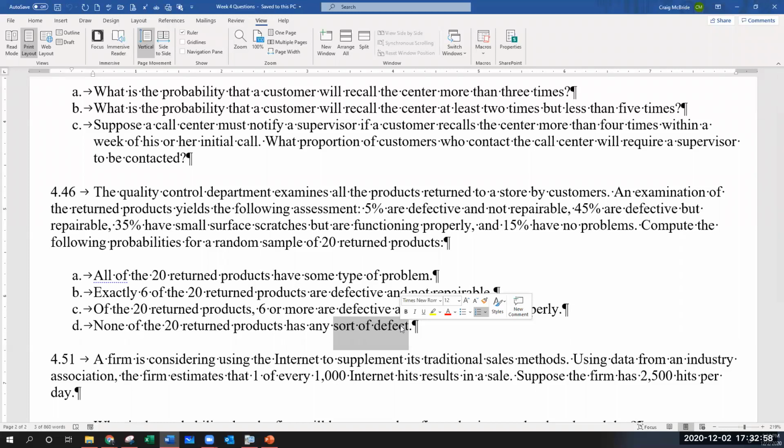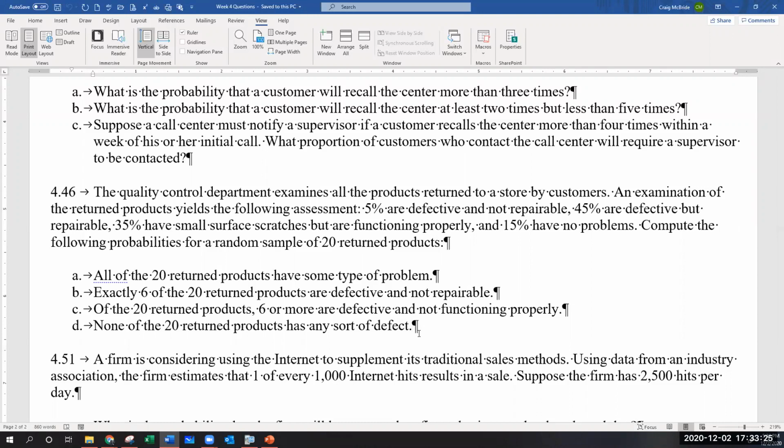Sure, you can make that argument. If we all agree that anything other than pristine is considered a defect, right? So a scratch, a dent, or just doesn't work or whatever, those are all defects. So if we can agree on that and get rid of that other possibility, then that leaves us with only two things to think about.